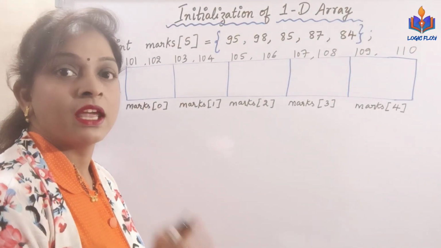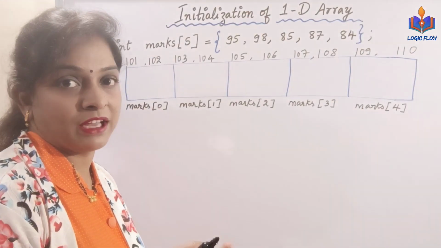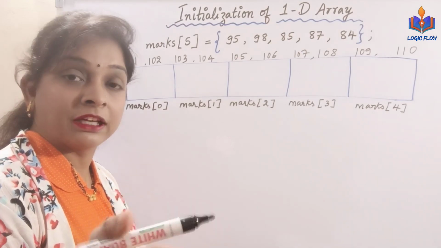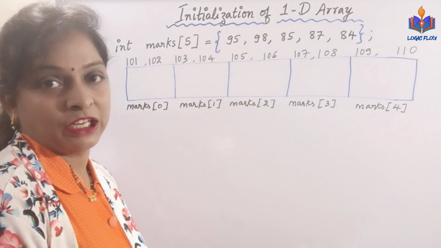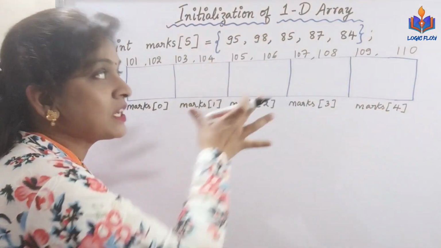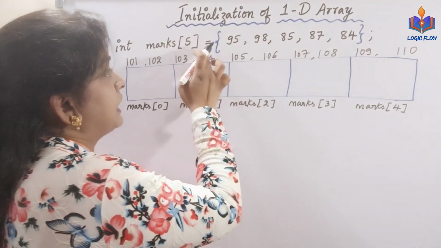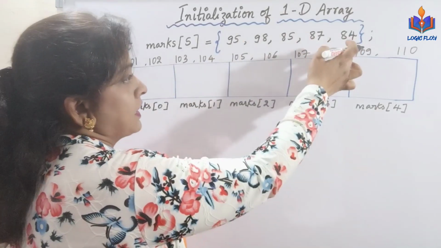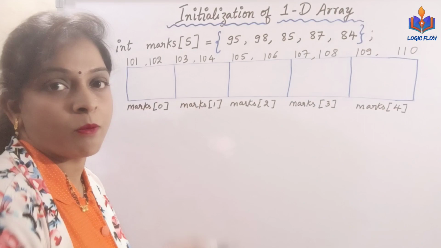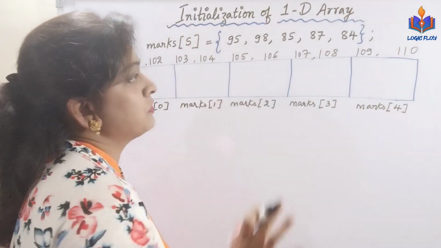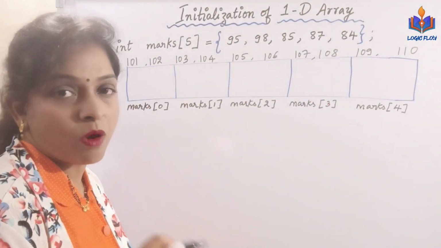That means it can store a maximum of 5 values, not more than that, but it can be less. Now I am initializing the values. To initialize the values, we use equal to, flower brackets and a semicolon at the end, with a set of values separated by the comma operator. I have given 5 values separated with the comma operator.